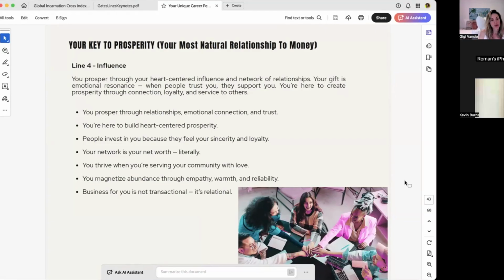You prosper through relationships, emotional connection, and trust. You're here to build a heart-centered prosperity. People invest in you because they feel your sincerity and loyalty. Your network is your net worth, literally. You thrive when you're serving your community with love, and you magnetize abundance through empathy, warmth, and reliability. And your business for you is not transactional, it's relational.